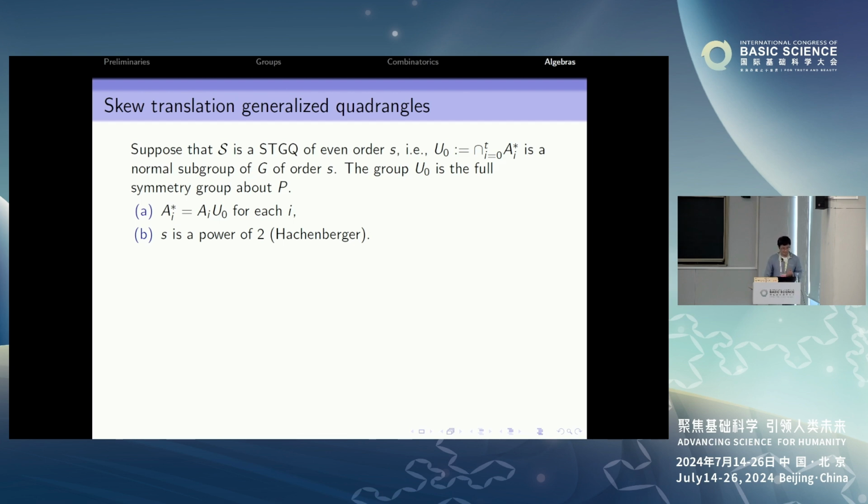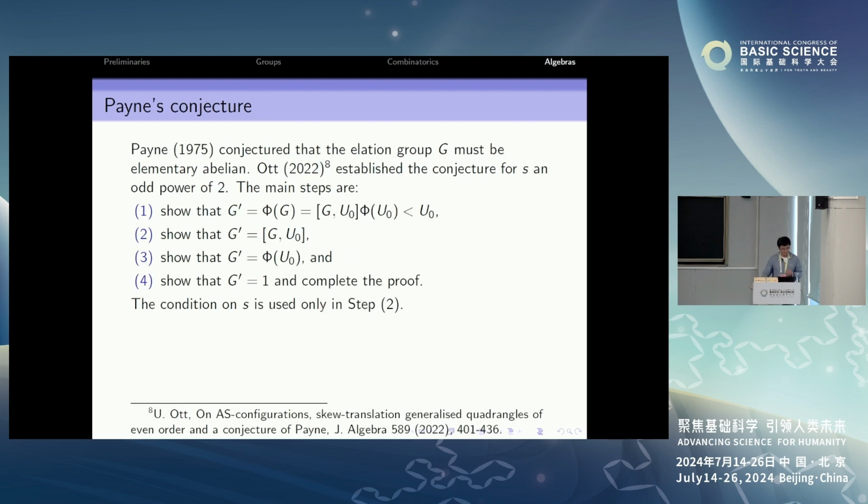There are some properties, where it's known that f is a power of 2. In the same paper where he introduced the notion of skew translation generalized quadrangle, he conjectured that the elation group, the automorphism group G, must be elementary abelian. It was established for s an odd power of 2 in 2022.